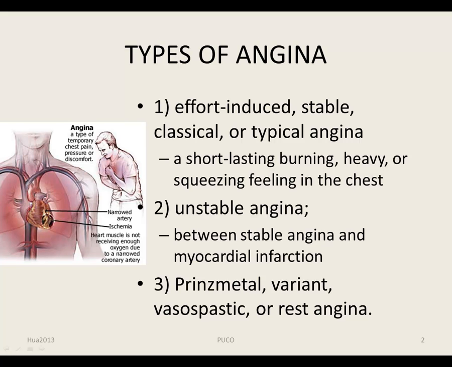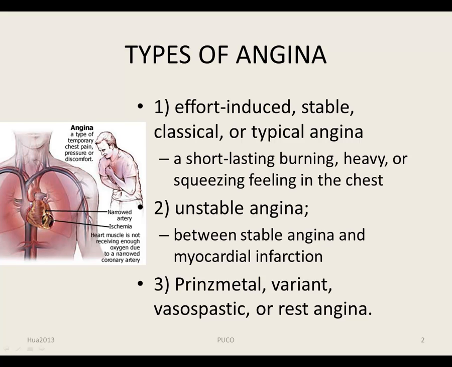Angina pectoris has three overlapping patterns: effort-induced or classical angina, unstable angina, and Prinzmetal or rest angina. They are caused by varying combinations of increased myocardial demand and decreased myocardial perfusion.